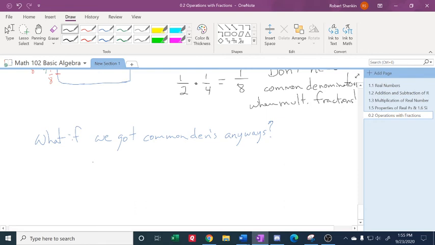Let's take 1/2 times 1/4. Now, you don't have to get LCDs for this. Suppose we did. The least common denominator between 2 and 4 is 4. So, this one, we're going to multiply bottom by 2 and multiply the top by 2.